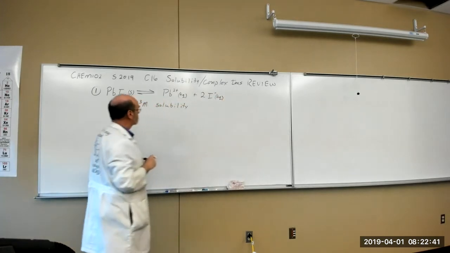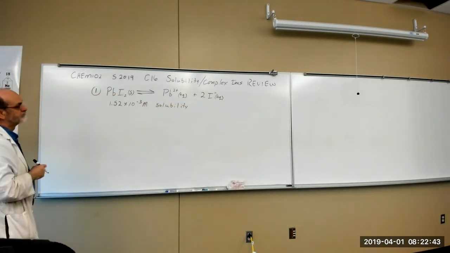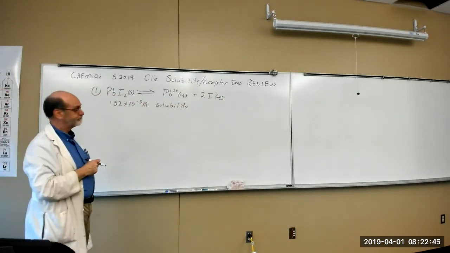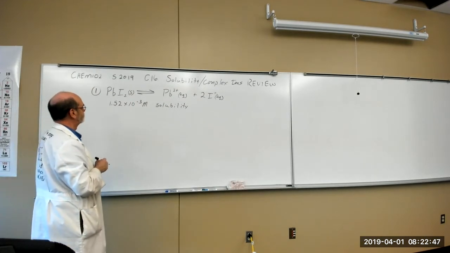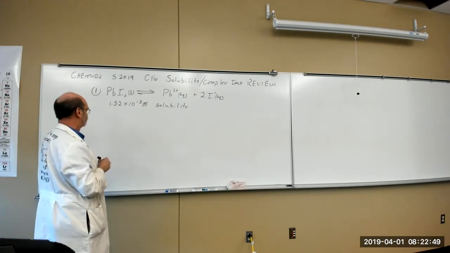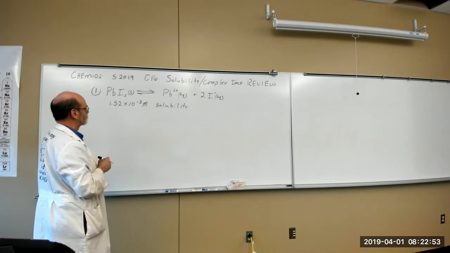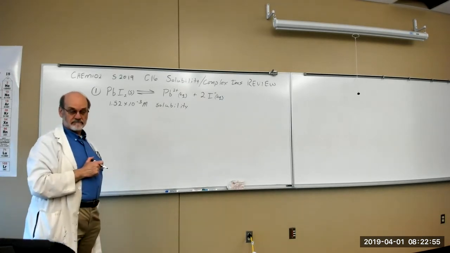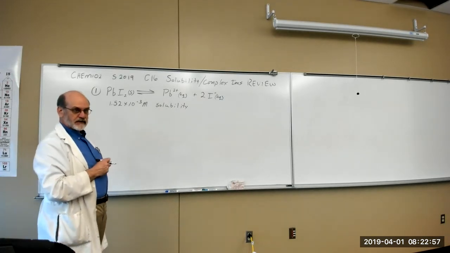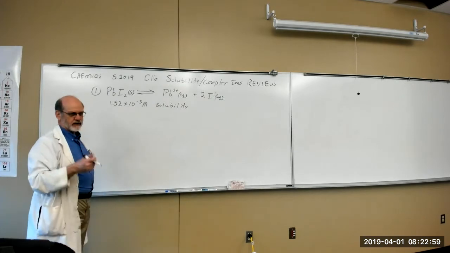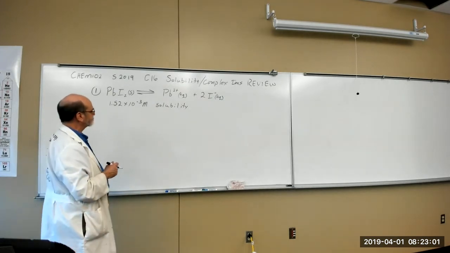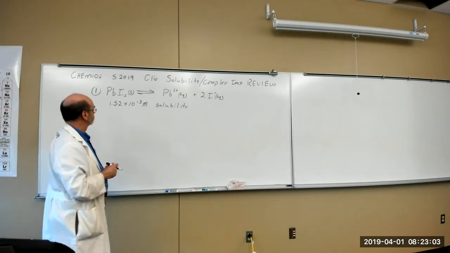Now, why do we say we're assuming that we're putting the solid in water to get the aqueous ions, to separate the charged particles? Right, we're going to stick with aqueous solutions. So where did that number come from, the 1.52?